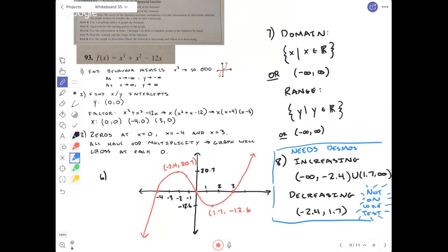If you were asked about it, it would be on the extended standards portion, not on the core standards portion, where you would have access to Desmos. Cool.